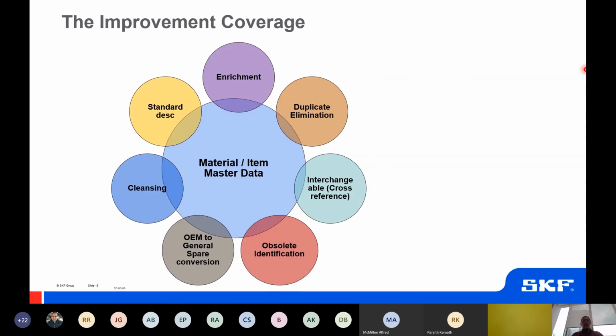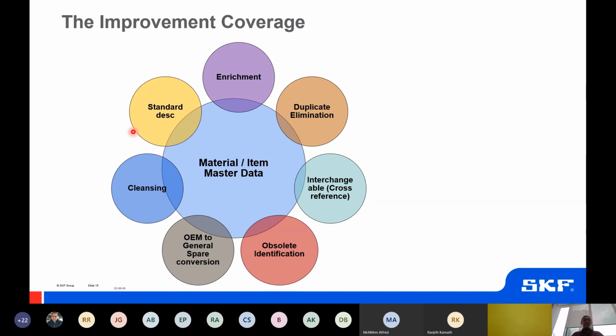So we are coming into the coverage, the improvement area. Okay? We can start from the cleansing. So any data in your material master, we need to cleanse in terms of the duplication, in terms of obsolescence, in terms of insufficient description, and then we go further to standardize the description.